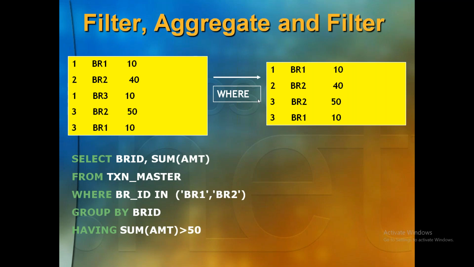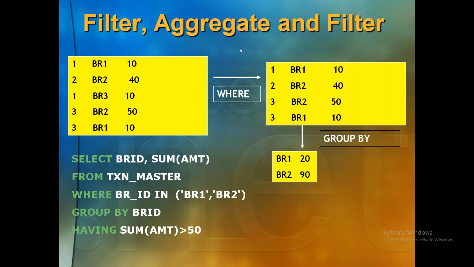Have you seen this? Now, after where clause is applied, I told you group by is going to happen. Group by means BR1 is one group, BR2 one group, and summing is also going to happen. That is what is called group by and aggregation. BR1 10, BR1 10, 10 plus 10 20, BR2 40 and 50 90, group by and aggregation.